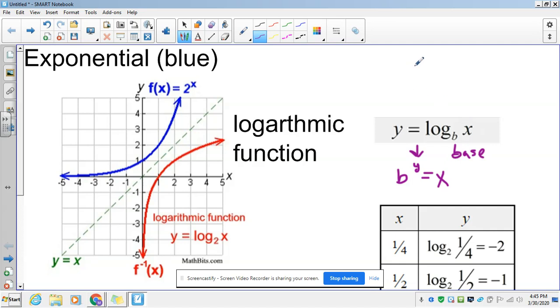What I want you to realize anytime you're using your calculator is log is always to base 10 on your calculator. So as we go through these units, we'll talk about a thing called change of base that allows us to use the calculator. Because unless the base is 10, you cannot use that calculator. You also have the ln button. ln is log base e.